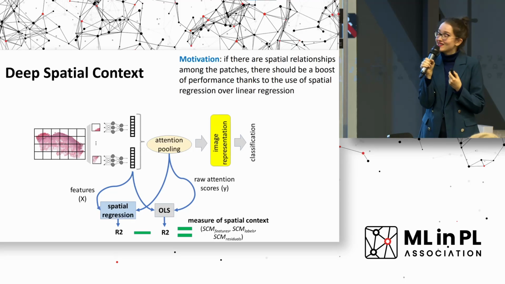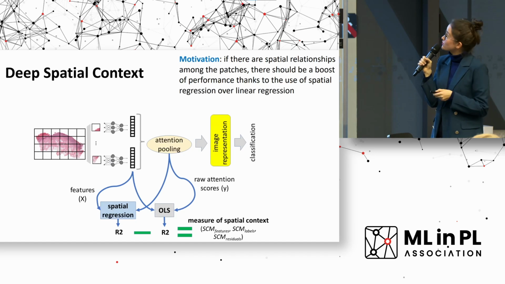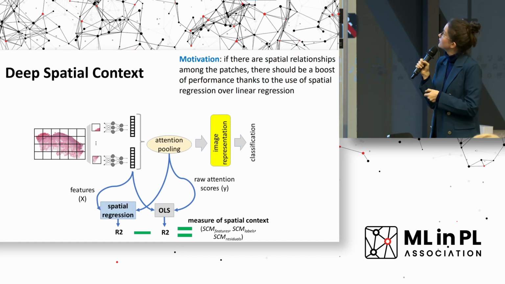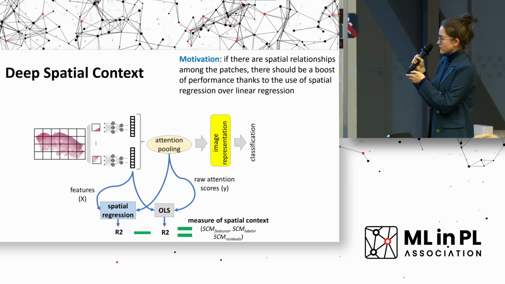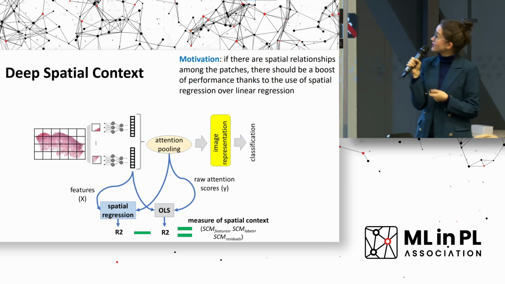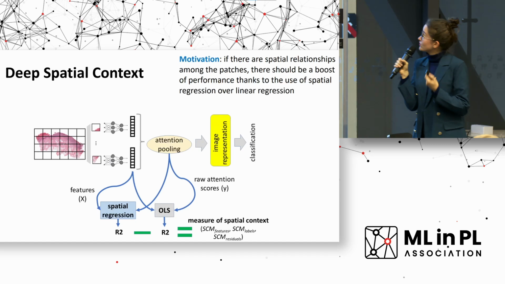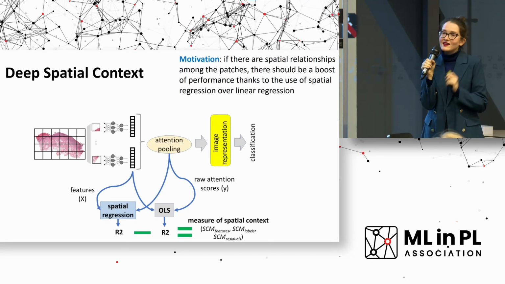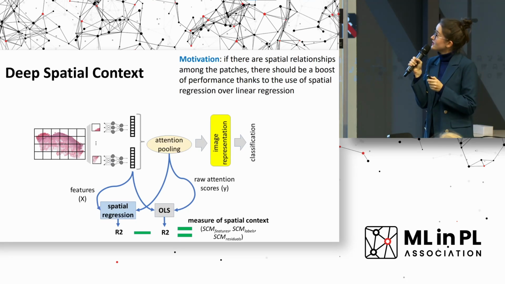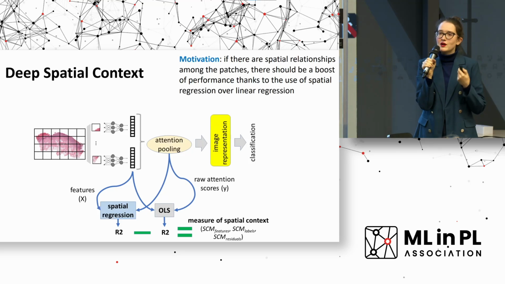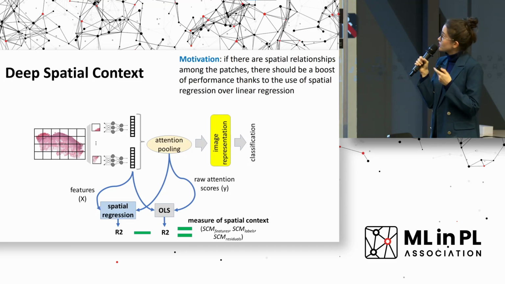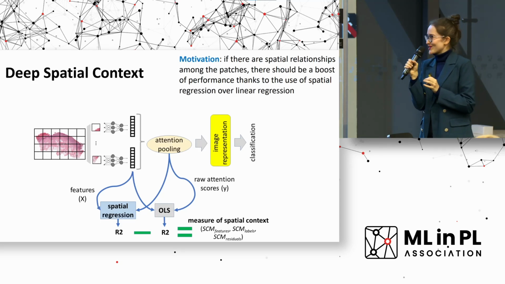So what we do is extract from the already trained model the features and also the assigned attention scores. And this is the input to the regression models. And we apply actually two kinds of models. So we have the spatial regression, and we have the normal linear regression.